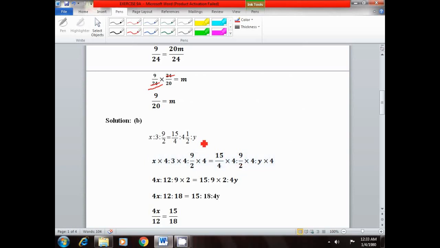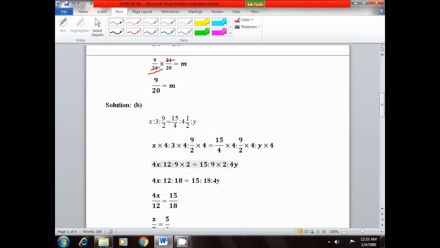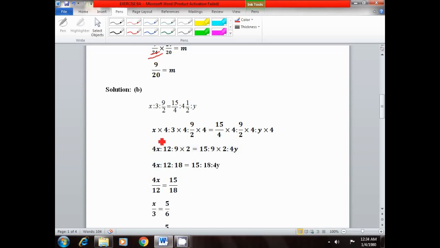We have a mixed fraction. First we will convert this mixed fraction into an improper fraction. 4 times 2 is 8, 8 plus 1 is 9, so 9/2 multiplied by 4, and then the last quantity y multiplied by 4. Now let's take the product x multiplied by 4. We have 4x : 3 times 4 is 12 :. Now we can cancel this 2 and 4 because 4 is a multiple of 2.